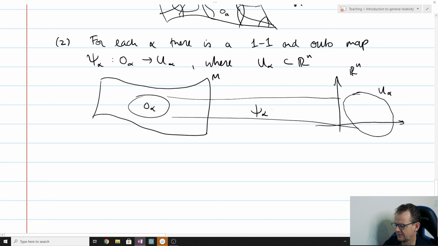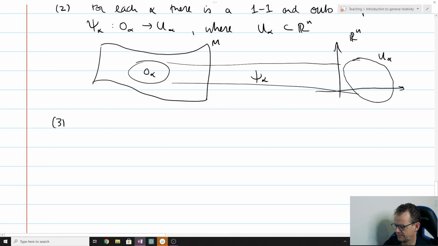That's what the second part of the definition says. What you're really meant to think of is one-to-one and onto means kind of equal. We're really saying that each part of this curvy surface M, this manifold M, is identified with pieces of Euclidean space. So you're really meant to think of a manifold as being built up, or sewn together, of pieces of Rn that are stuck together.